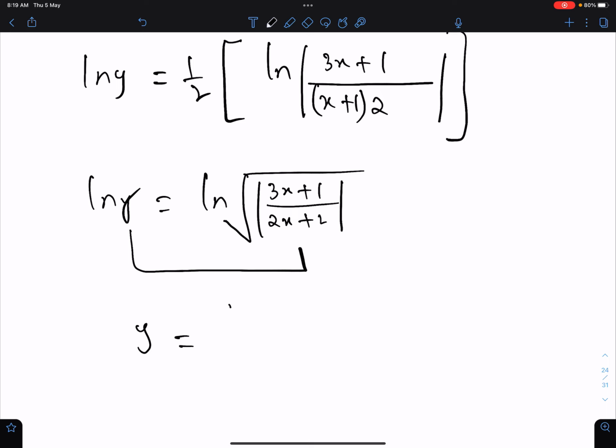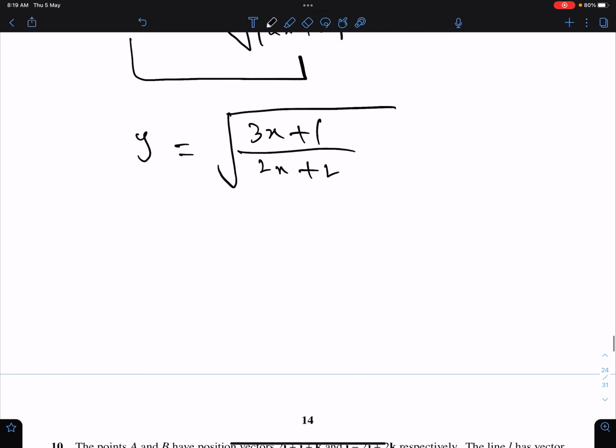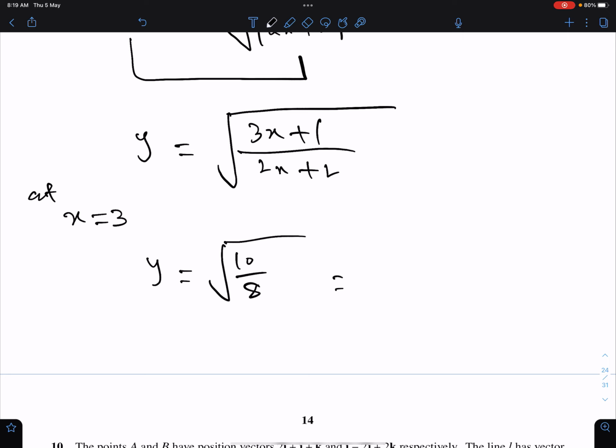So y is equal to under root 3x plus 1 over 2x plus 2. We need the value of y when x is 3. So y is under root 10 upon 8, which is 5 upon 4, which is under root 5 upon 2.